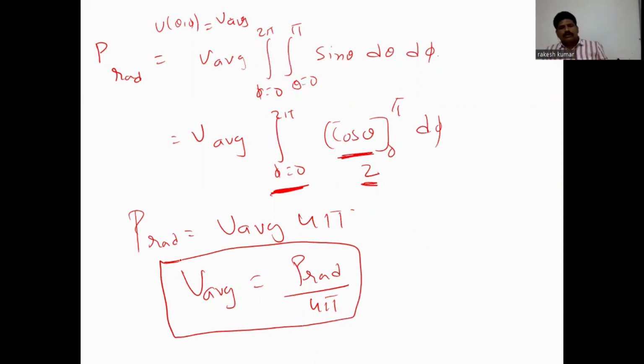So U average means average radiation intensity. In the previous case, we derived that the average power density radiated by an isotropic antenna is equal to P radiated by 4 pi r square. Here now U average is equal to P radiated by 4 pi. This is the average radiation intensity, and it is very, very important.